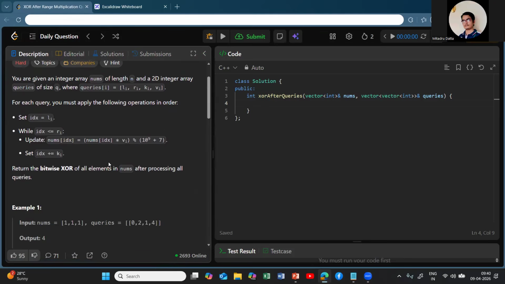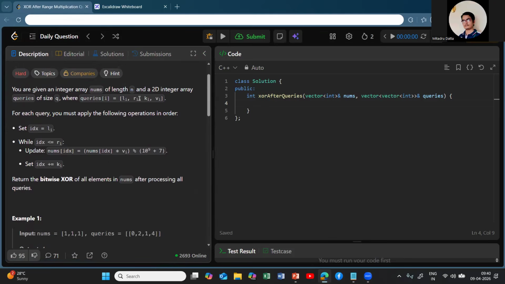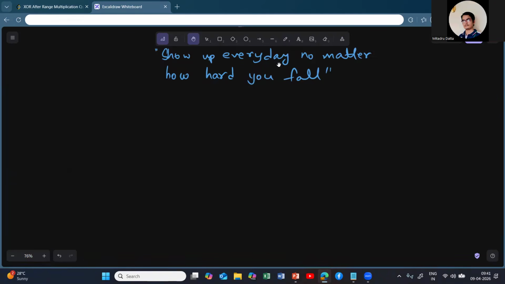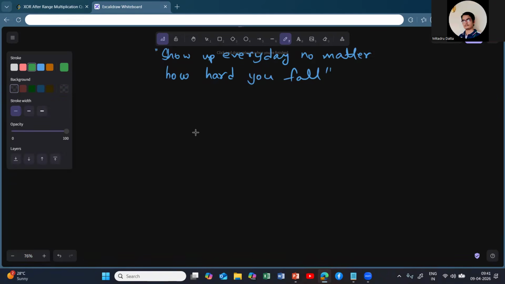Okay, and what you need to do is, for L to R within this range, you need to process these range queries. For L to R, you need to multiply every element by vi, skipping in a step of ki. So let's say what you exactly need to do if you are doing brute force. From li to ri, you need to skip elements in steps of ki and multiply all those elements by vi.